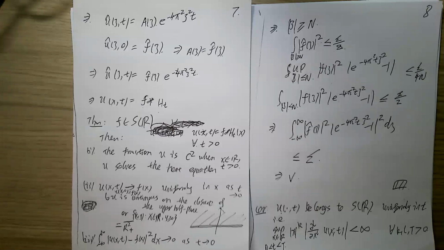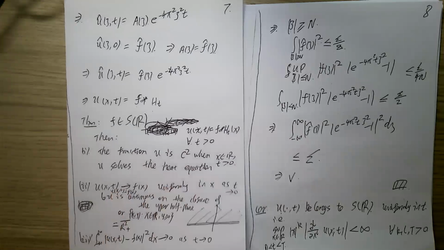Sorry, could you repeat this part again? Sure. You can see that for any fixed t, this u(x, t), for instance t equals 1, u(x, 1) is a Schwartz function, right? u(x, 2) is also a Schwartz function because it's just a convolution of two Schwartz functions, for any fixed t, right?